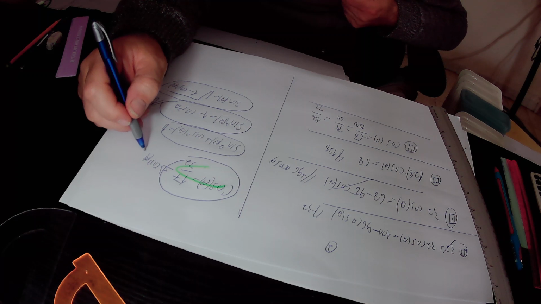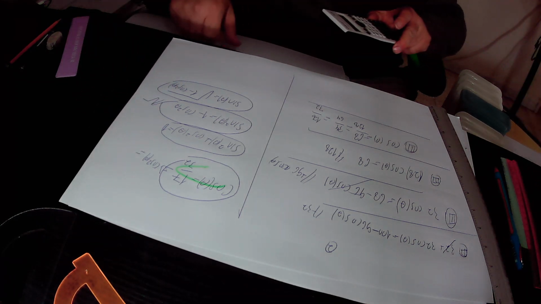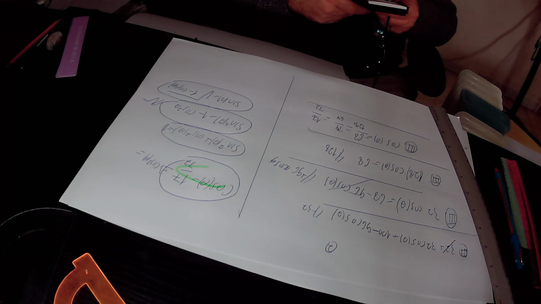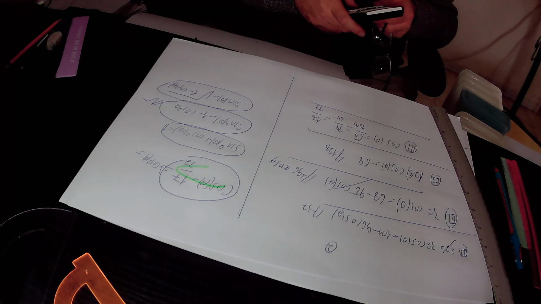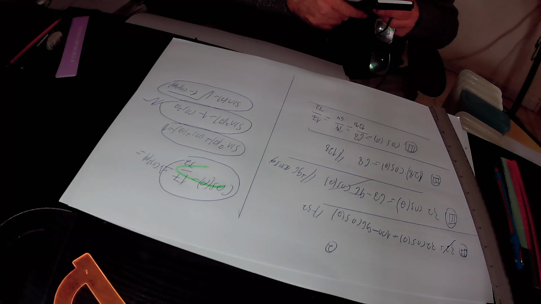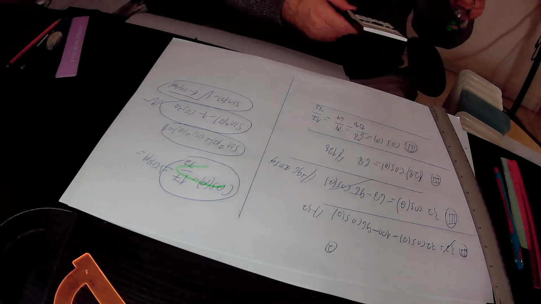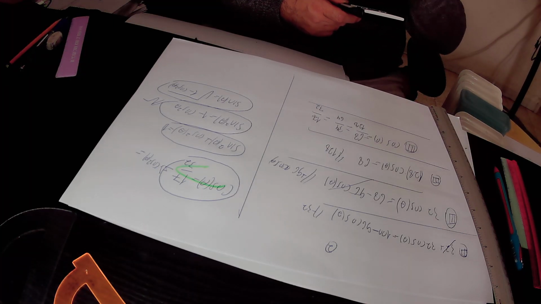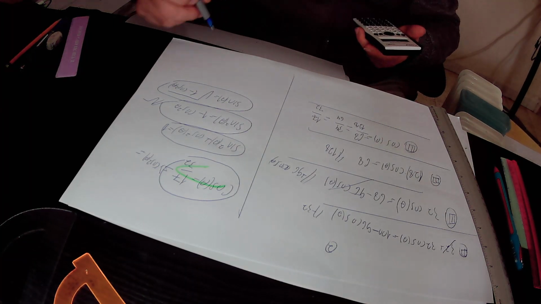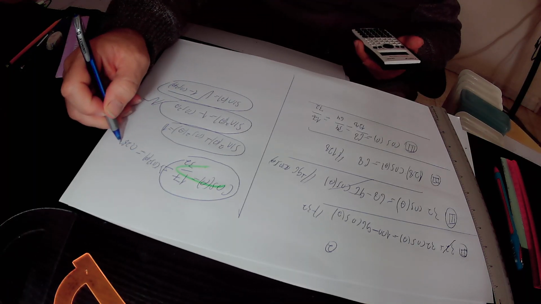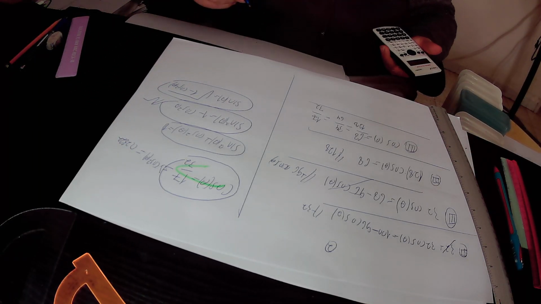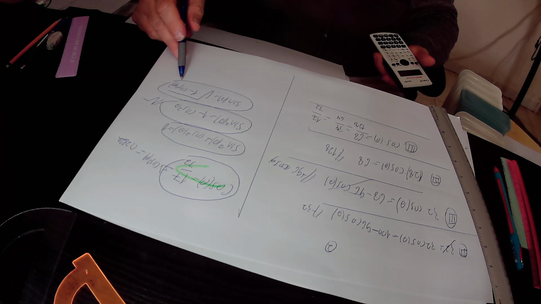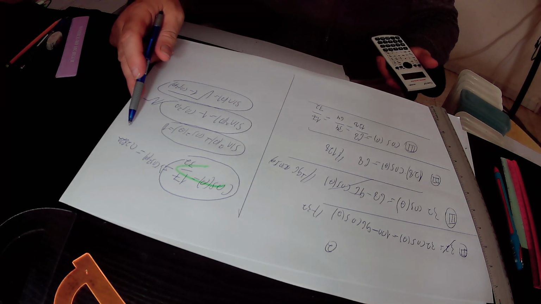And 17 over 32 squared equals 0.2822. So we substitute cosine squared theta in this trigonometric identity by 0.2822.